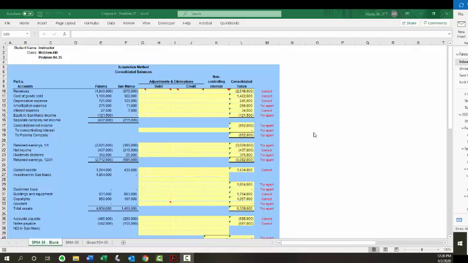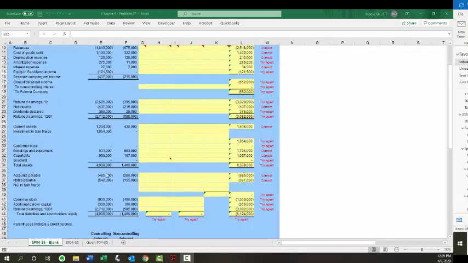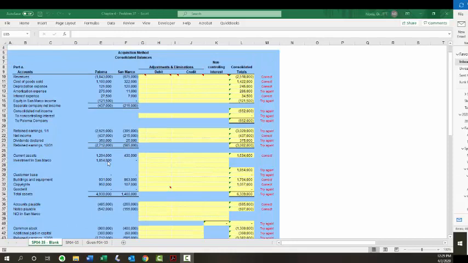Problem goes on to give you the calculation for goodwill, which is $375. So it is now the end of December 31st, 2018, and we're given here the trial balance, the income statement, statement of retained earnings, and the balance sheet for both Paloma and San Marco. Okay?